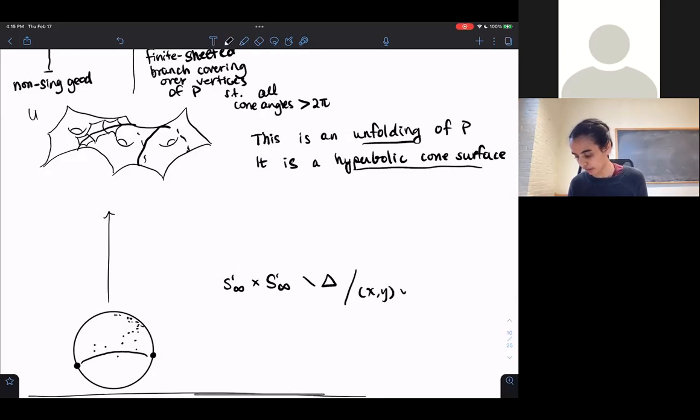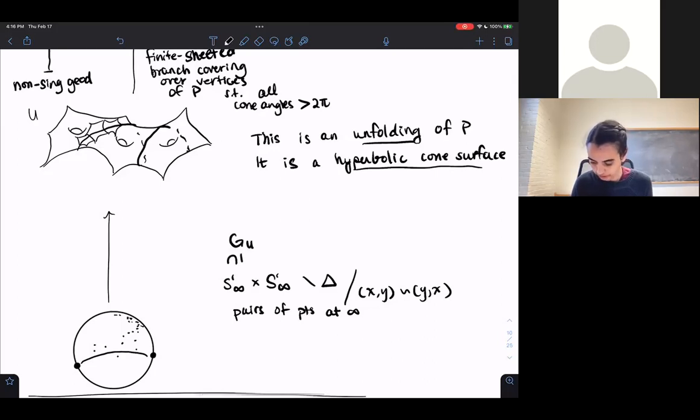So choosing X and Y is the same as choosing Y and X. Okay, so these are pairs of points at infinity. Okay, and a subset of this is, I'm going to call it GU, and it's going to be the pairs that bound non-singular geodesics.